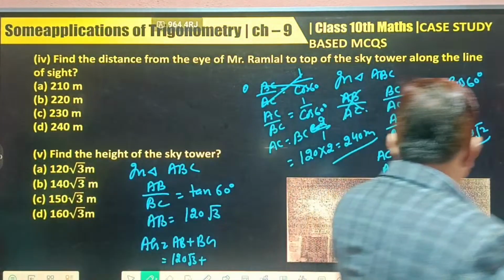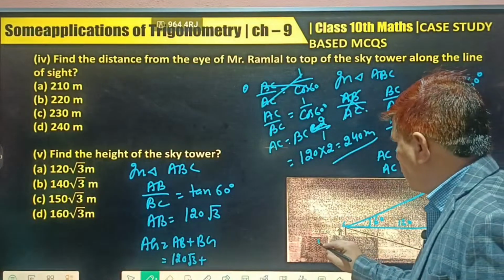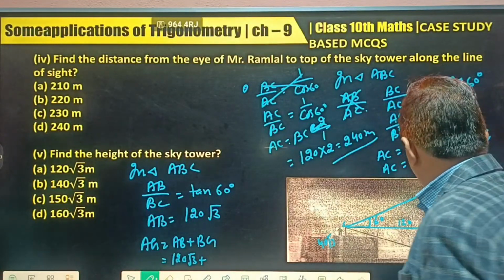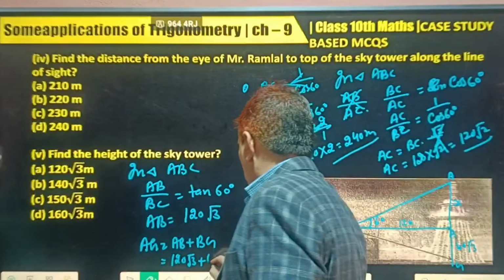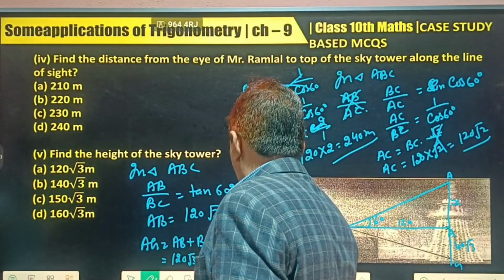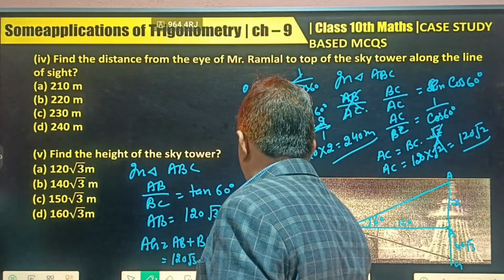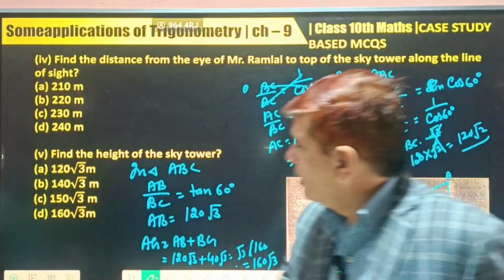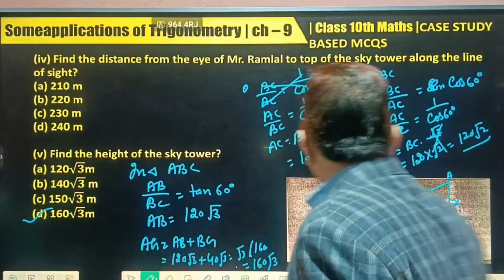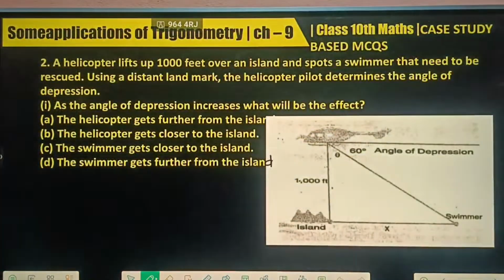This BG is equal to this, and that is how much? 40 under root 3. So add 40 under root 3. Under root 3 is common, so how much? 160. So you can write 160 under root 3. That is your answer. Got it, all of you? Next.